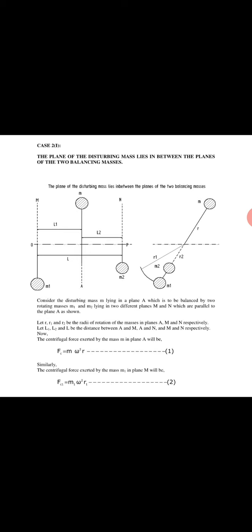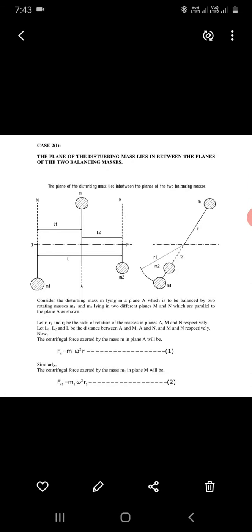Now considering the disturbing mass M lying on plane A is to be balanced by these two masses M1 and M2. Let R1 and R2 be the radii of rotation of the masses on planes M and N. L1 and L2 are the distances between plane A and M, A and N, and L is between M and N respectively. The centrifugal force exerted by mass M on plane A will be F = M omega square R, equation number 1.